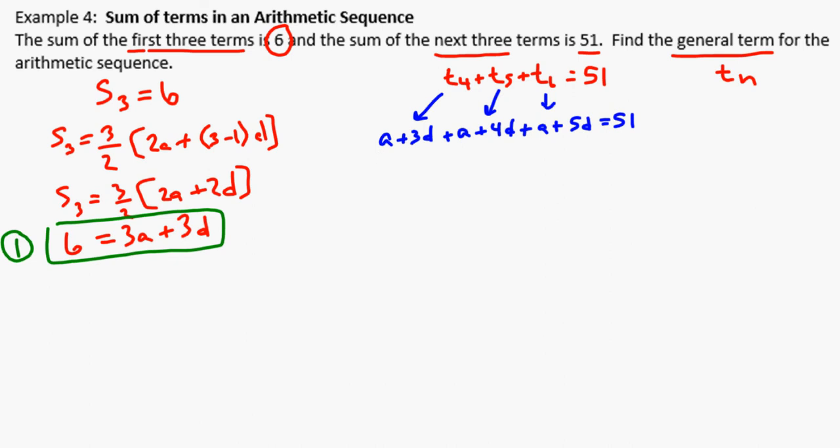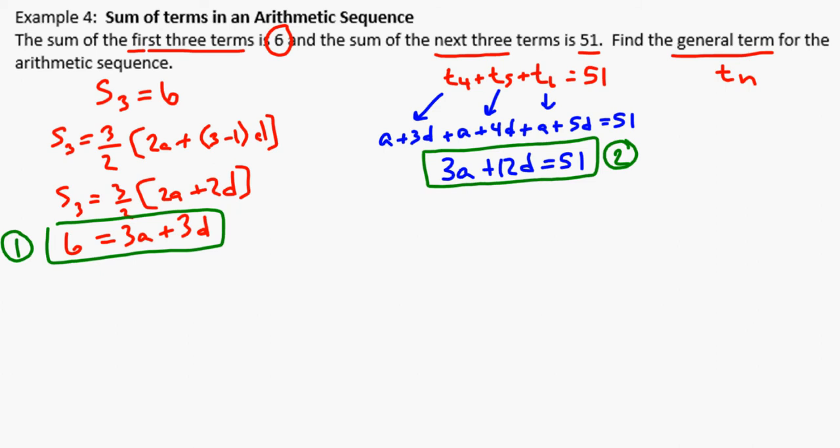So a plus a plus a, 3a plus 3 plus 4 plus 5, so that is 12d is equal to 51. And this is my equation 2.